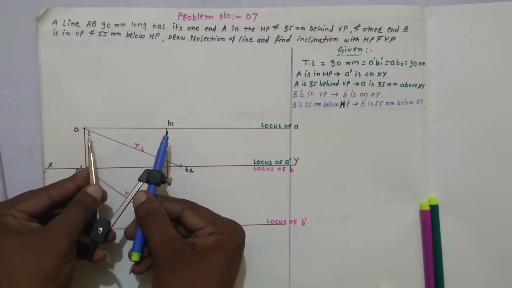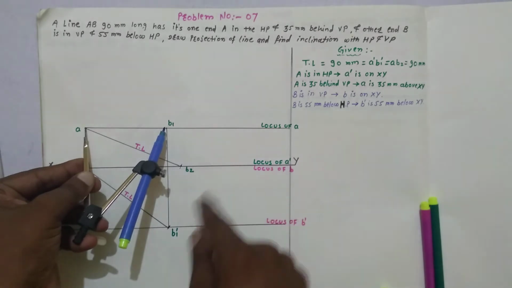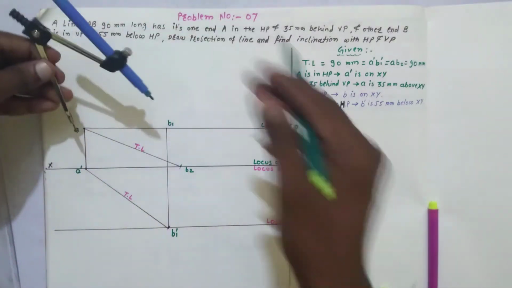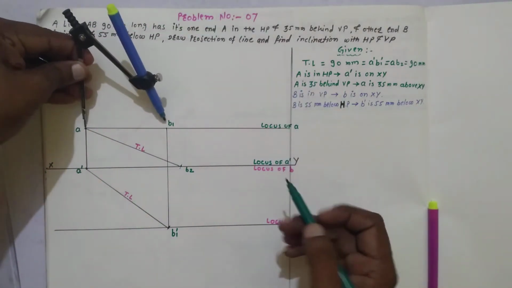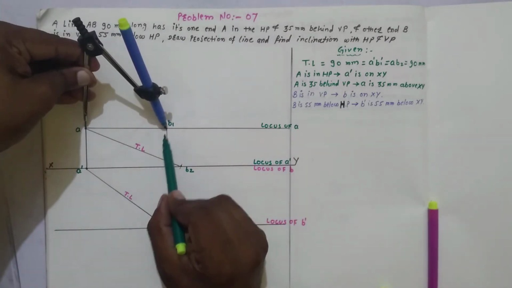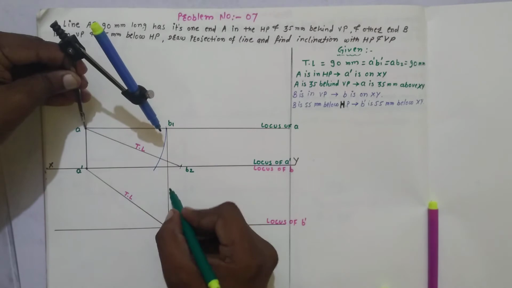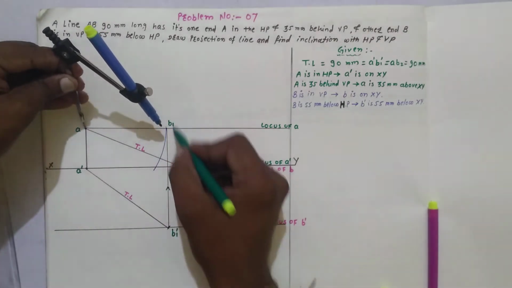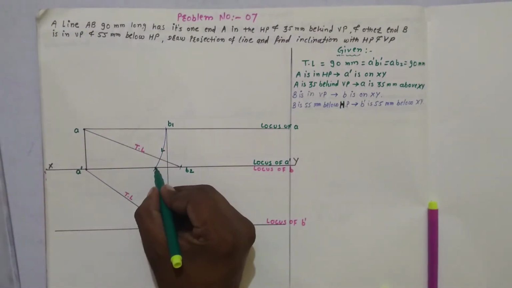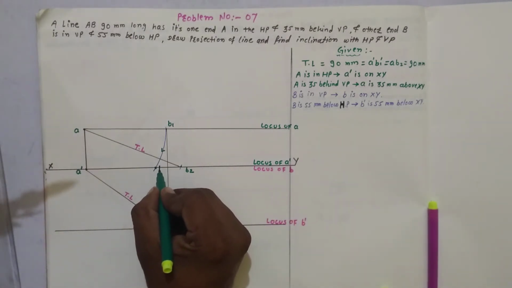Now take the distance between A and B1 in the rounder and, with center A, draw an arc which cuts the locus of B. From this point we move in the upward direction. This point is your point B.